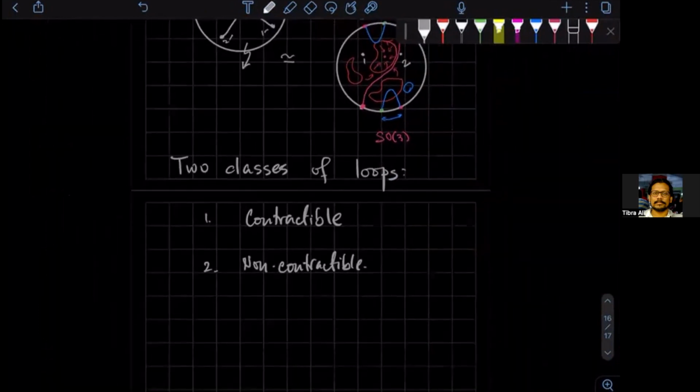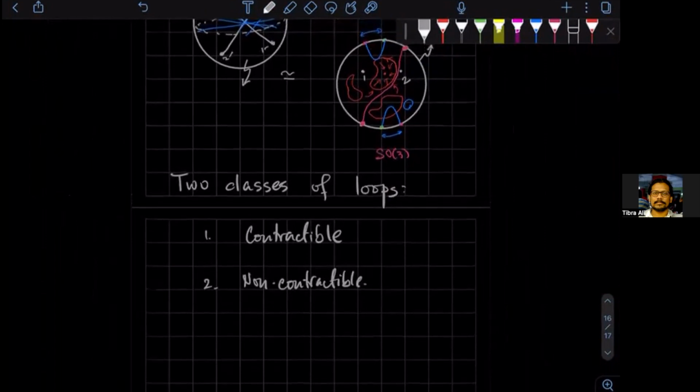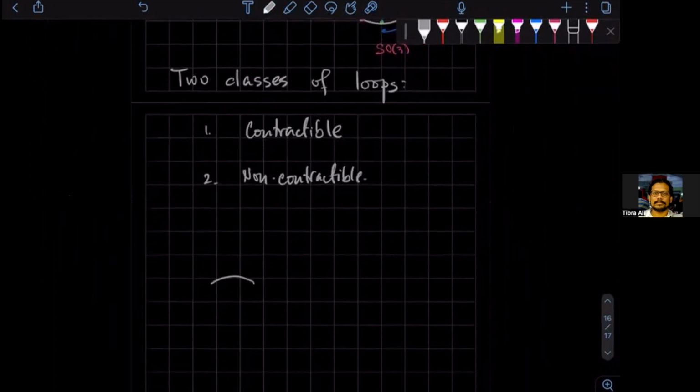I won't go into that, but at least intuitively, if you have 2 loops like this one and this one, you can associate with them group elements, alpha and beta, and the composition alpha times beta means that you first go around beta and then you go around alpha.